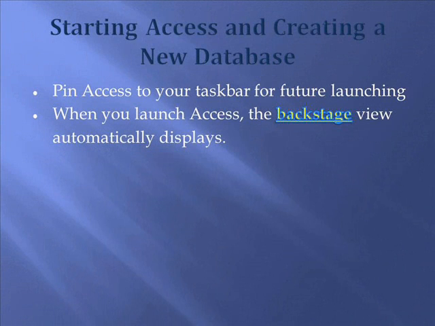To help make starting Access easier, you can pin it to your taskbar for later use. When you launch Access, the Backstage view automatically displays. That is when the File tab displays the Backstage view where you can save and create your database.